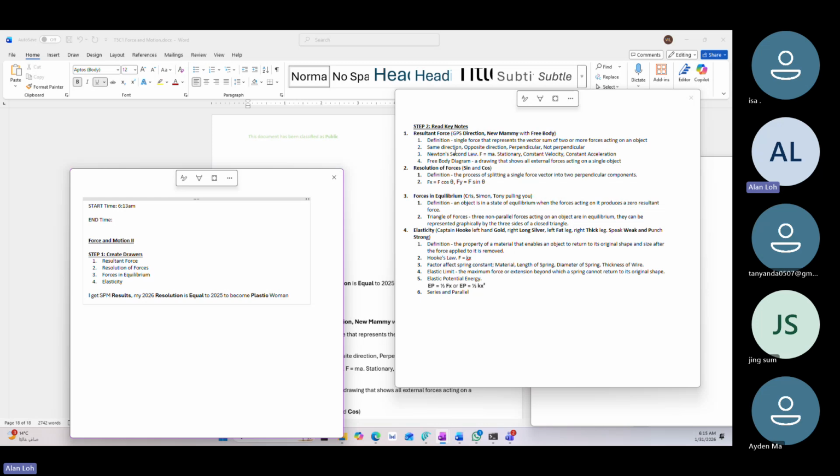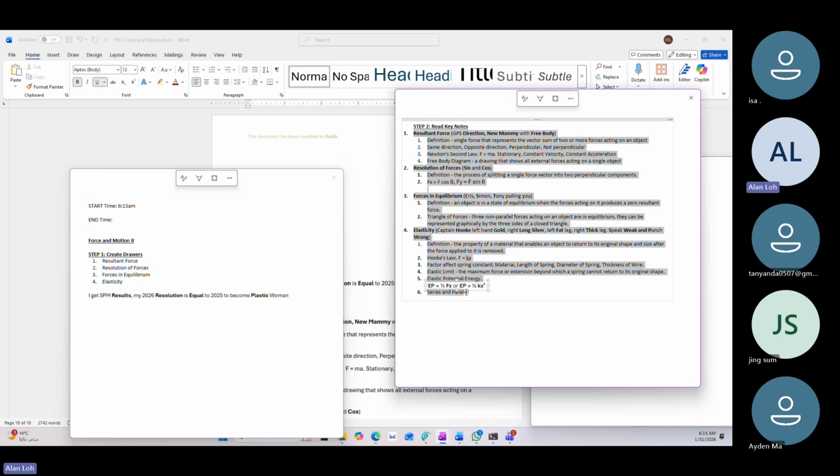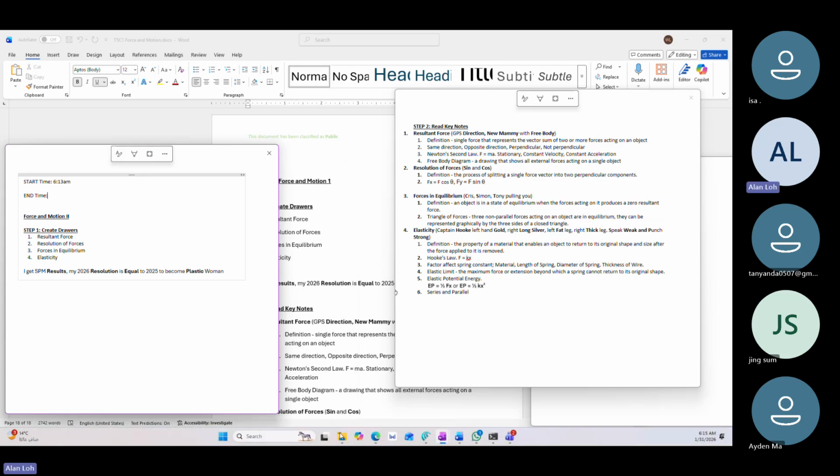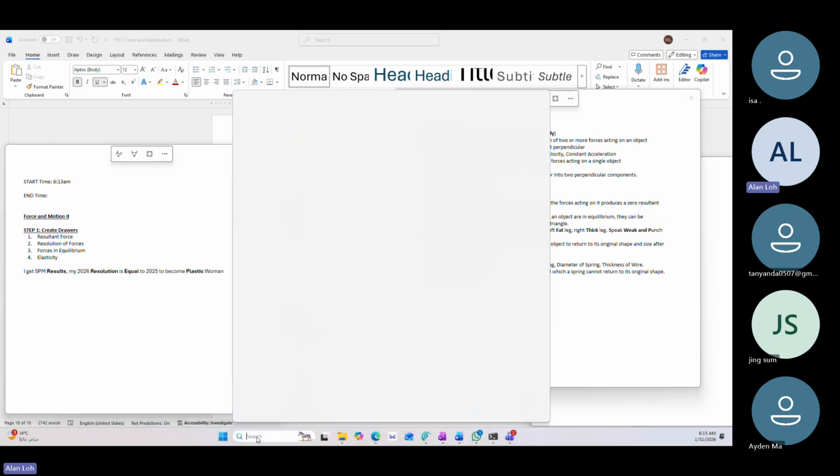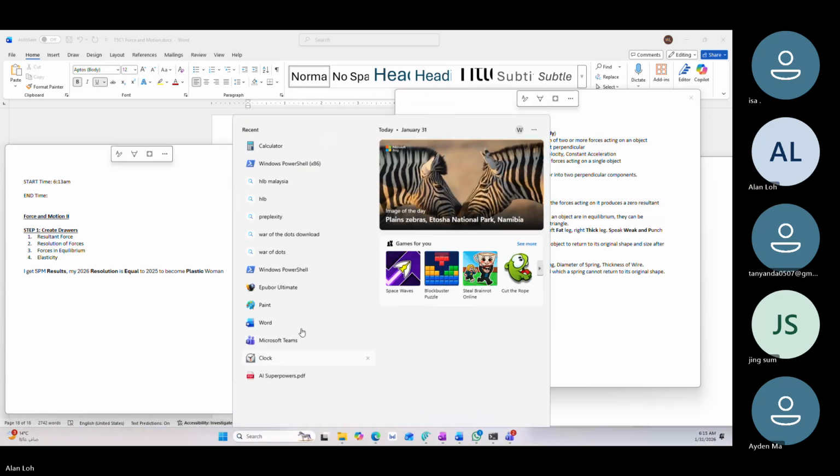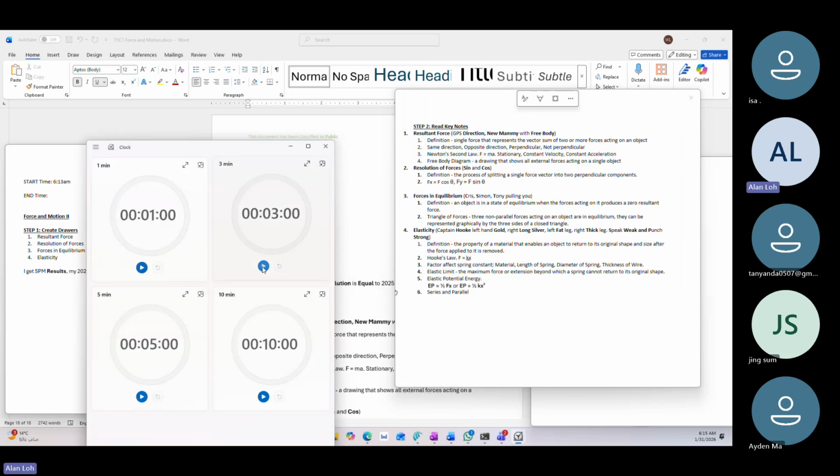Okay, let's start to read from here, resultant until parallel. I'll give you 2 minutes to read. Let's start now. 2 minutes.